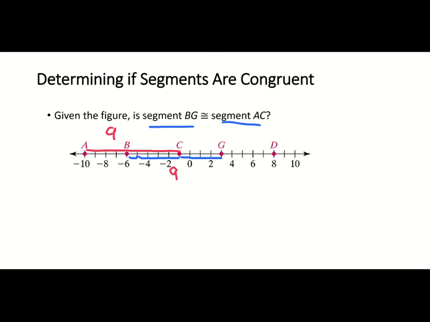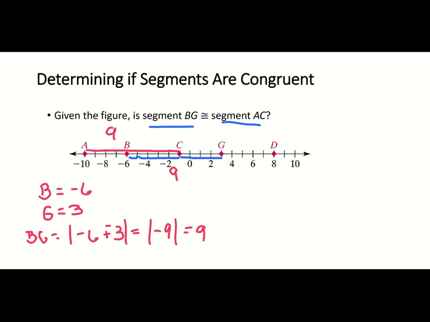Another way you could have done it is just like we did before, we could find the coordinates for both BG and AC. So I know that B is -6 and G is 3. Then if I find the distance between BG, I would do -6 minus 3, which again, plus a negative, gives me the absolute value of -9, which gives me 9.